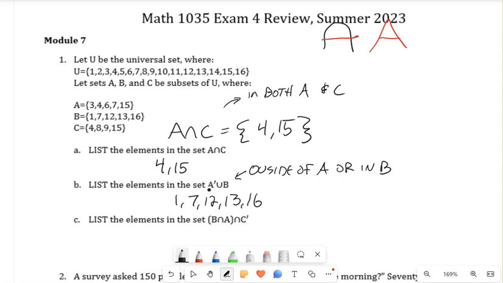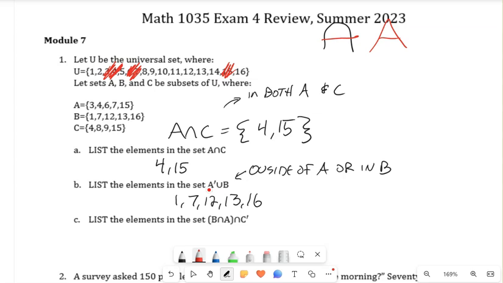Now it also says anything outside of A. Now the concept of outside, you need to know the universal set so you know what everything is, because outside of A only means everything in the universal set that's not in A. So if we go into the universal set and we cross out everything in A, 3, 4, 6, 7, and 15.